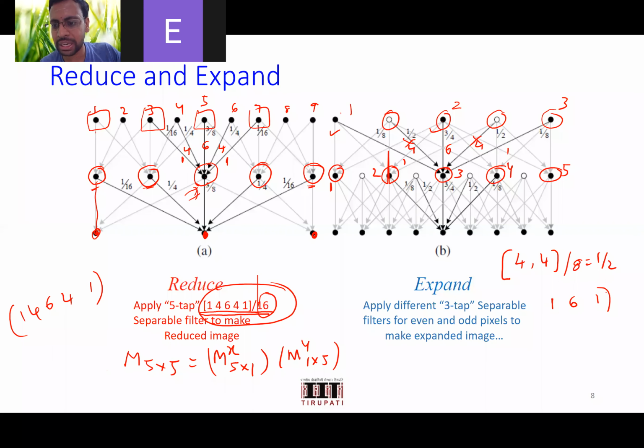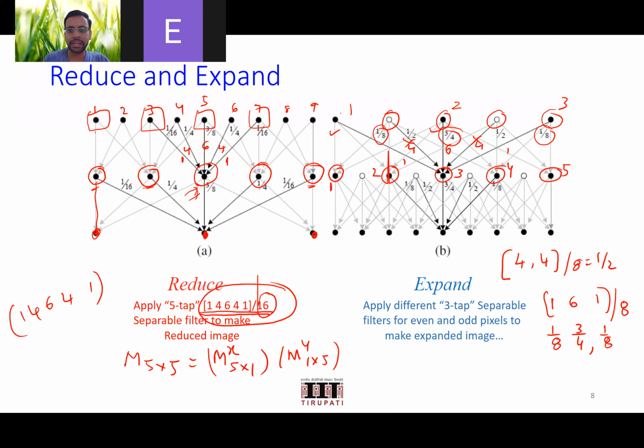The whole sum is 8. Then you divide it by 8, and that would give you 1 by 8, 3 by 4 and 1 by 8. You see here, this is 1 by 8 from here, 1 by 8, and this would give you 3 by 4. Those are the weights you use to compute the intensity at an odd pixel. That is how you upsample things.